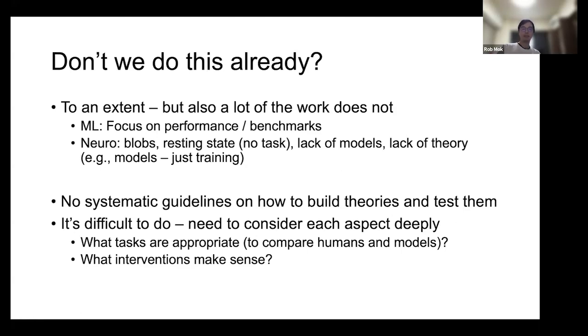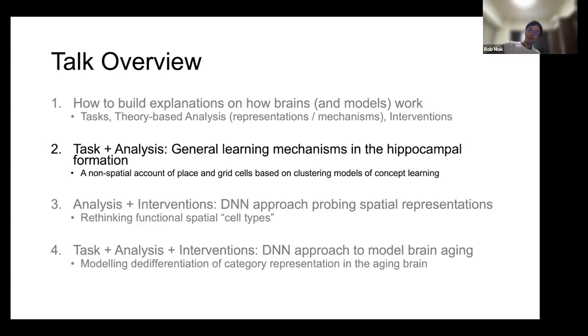I think these three ingredients I've been talking about are worth thinking about when we're designing and tackling our problem, considering each part quite deeply. So that's kind of the motivation.